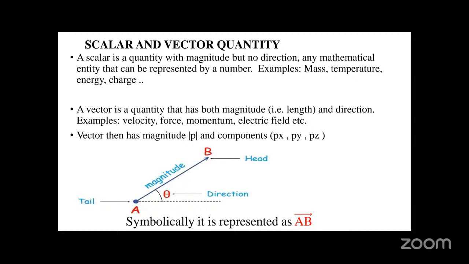If you go all around Lagos Street, you will see notice of street and arrows. The arrow will guide you, will direct you to where you are going. So that is what the head of the arrow here indicates. The head indicates the direction. It points to where the quantity is heading to. So that is what we need to know about vector.